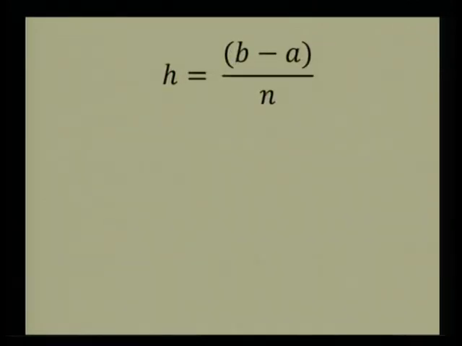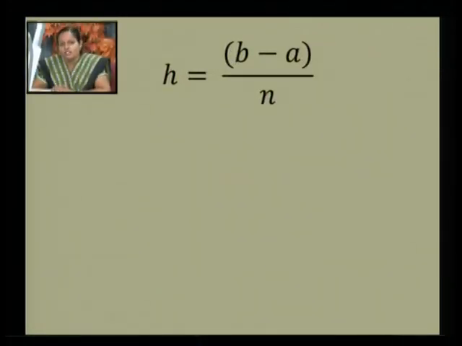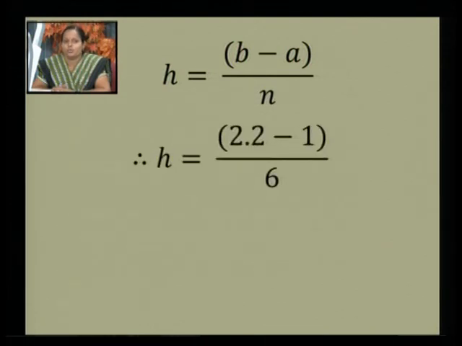So let us first see the integration. Have a look at the slide. For that we calculate the interval, that is h is equal to b minus a divided by n. If I want to divide this into 6 sub intervals, so now n is equal to 6, h is equal to b minus a by n, and if I put in the values, I will get h is equal to 0.2.